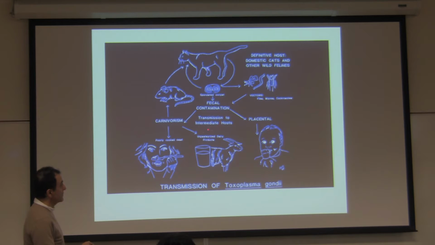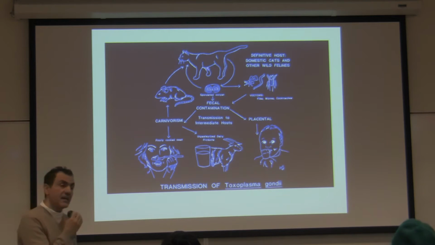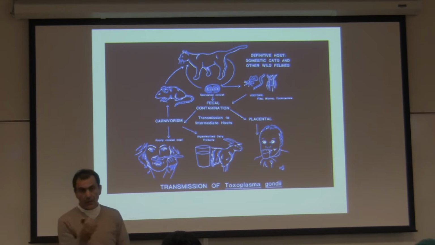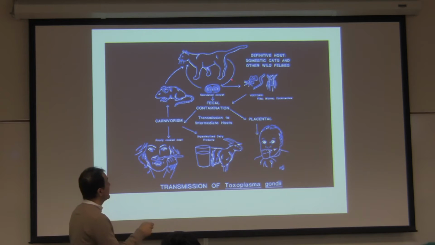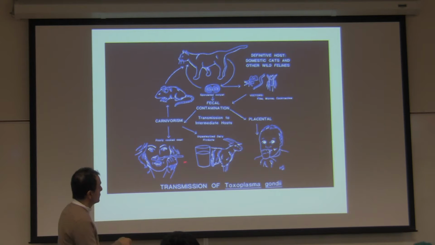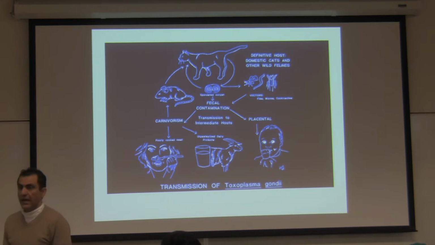So farm animals become infected, and then we eat farm animals, and I'll go over that, and we humans become infected also. So we humans can become infected somewhere along the line by eating farm animal products, and I will go over that in a minute. And then also by ingesting cat oocysts, accidentally. Not necessarily that we go and seek cat feces, but accidentally.